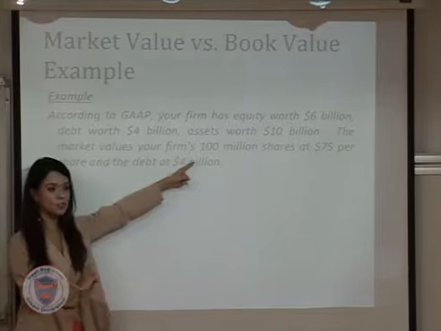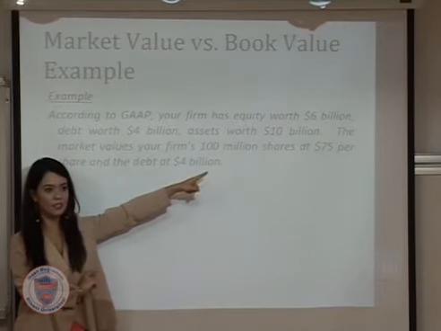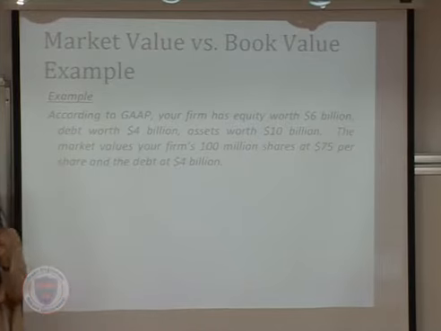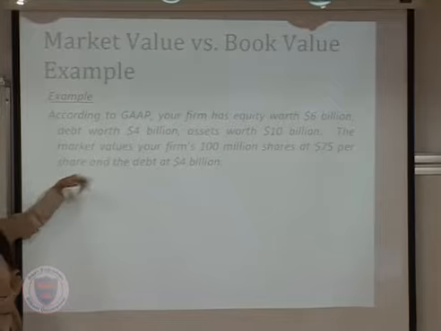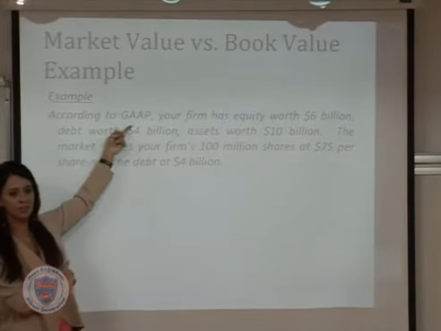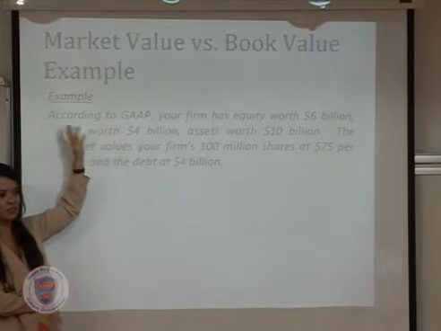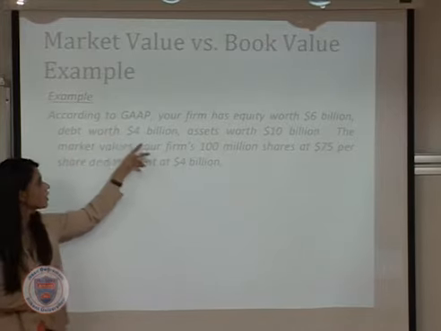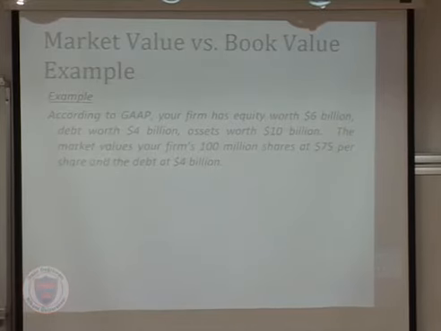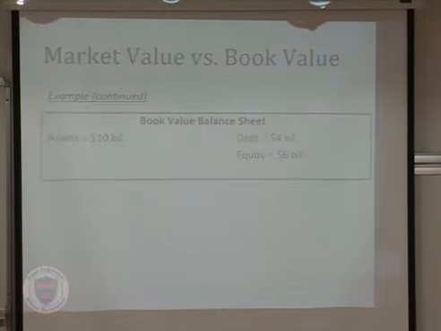You have 100 million shares at $75 each. Multiply these two numbers, so the market value of equity will be 7.5 billion. Book value of equity was 6 billion. It says according to GAAP, it's accounting standards, so it's a balance sheet item. And the book value of debt was $4 billion. So the book value and market value are different in most cases.